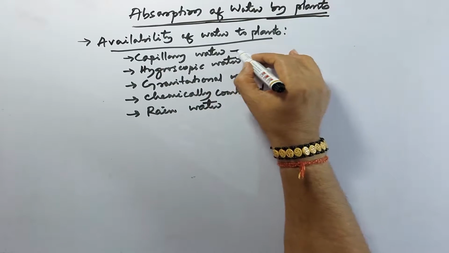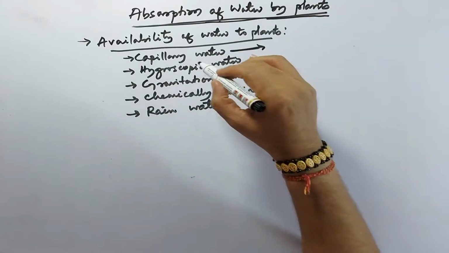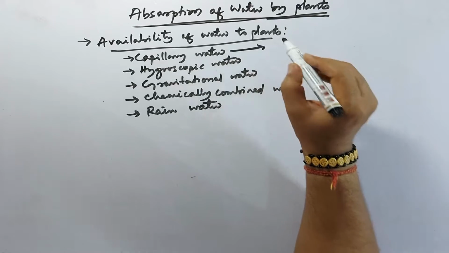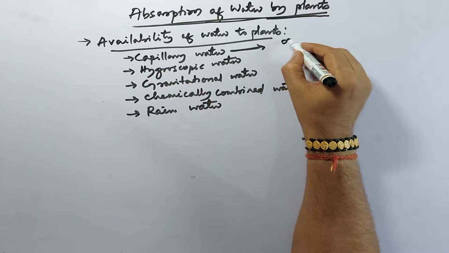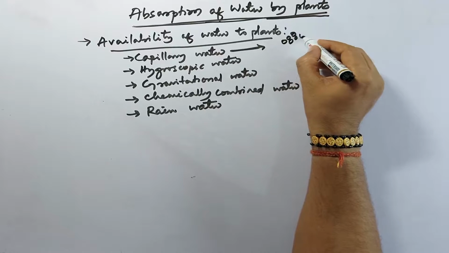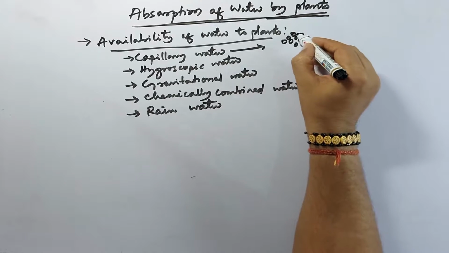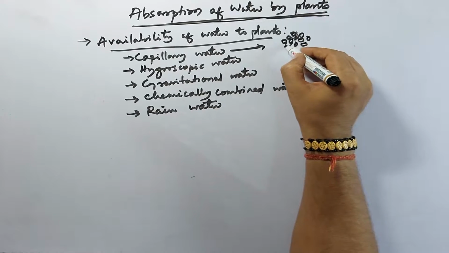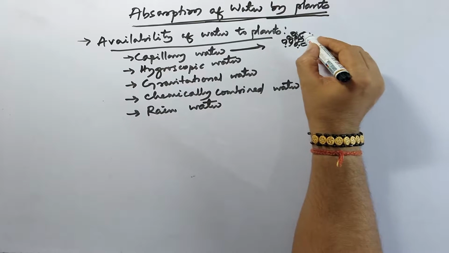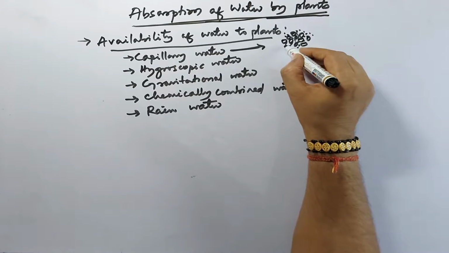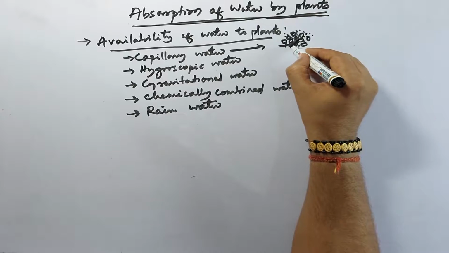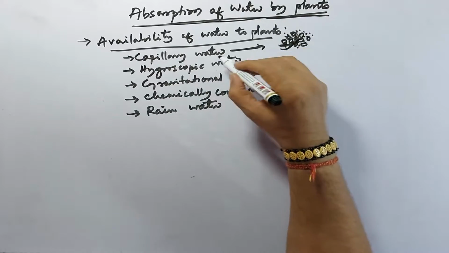Capillary water is a very important water source to the plant, because you know that micro capillary spaces are found in the soil particles, which percolate water. In this case the root hair enters into it and absorbs water.